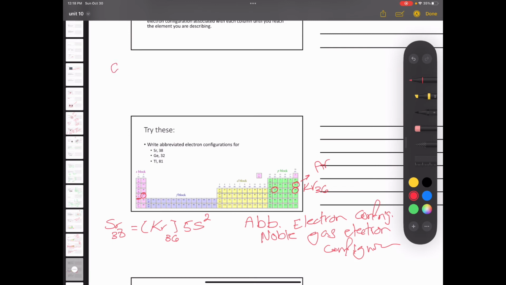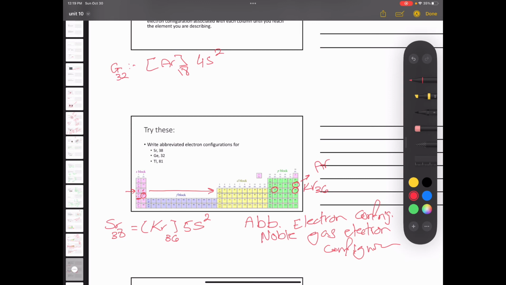So when I write the germanium electron configuration, instead of writing the 1s2, 2s2, 2p6, 3s2, 3p6, and so on and so forth, I can replace all this by saying Ar 18. Okay, next I need to see what is the next orbital that follows that electron configuration, so we go back to the beginning of the row where that element is located. So we have 4s2, right? Because both are full.